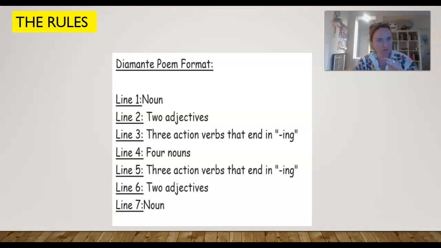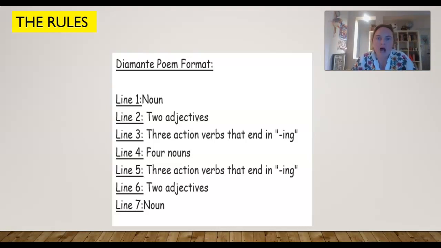So if your verbs don't end in ing at the moment, you'll have to add the ing suffix on and change them to ing action verbs. So if you need to change swim into swimming, you need to remember what other verbs you've got to change.